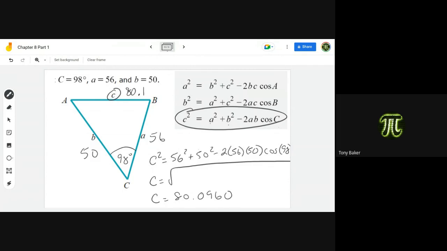However, I need to use that to find A and B. So I don't want to use 80.1 when I do my calculation for the law of sines. I want to use either the entire number or at least 4 decimal places of it. And actually, that's what Alex tells you. Alex says round it, use the intermediate calculations to at least 4 decimal places. So this is one of those situations where you need to use what you found to find the other information.